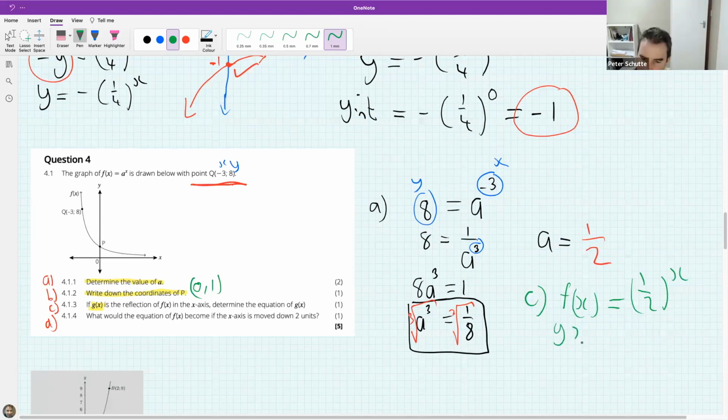This question is saying, what is g of x if this is reflected across the x-axis? What is this answer going to be? And what we've seen so far is that if we reflect it over, we just go a minus, and then it's a half to the power of x. And that is it.